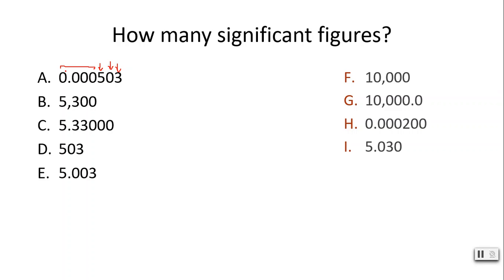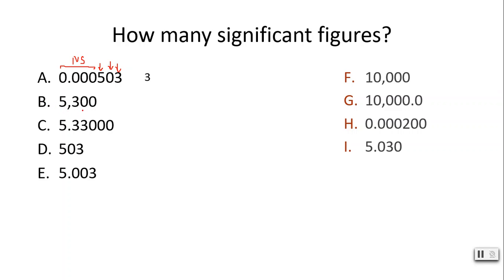And those are examples of zeros that are not significant. So this first number in selection A has a total of 3 significant figures. The 5, the interior 0, and 3. Those are all significant. These other zeros are not significant.